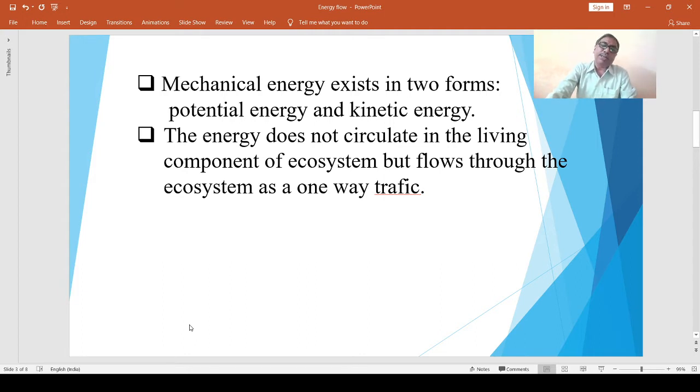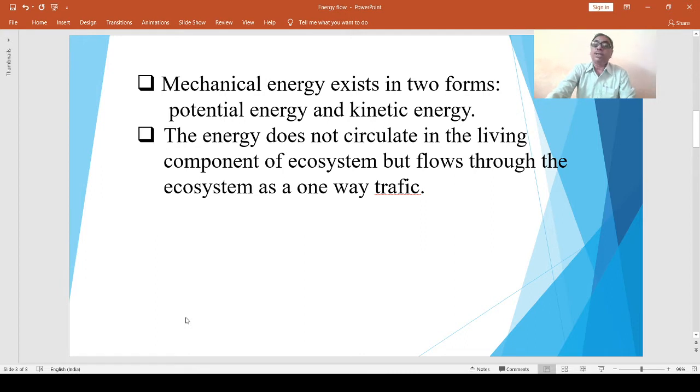The energy pattern and flow are governed by the first and second laws of thermodynamics. The first law of energy states that the amount of energy in the universe is a constant. It is transformed from one form to another.